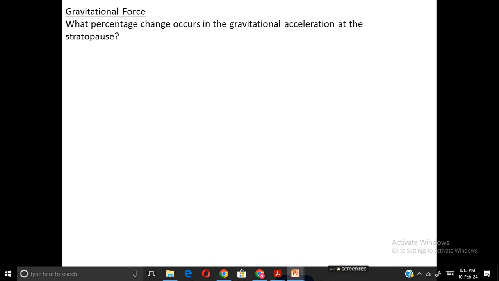Now let's move on. So we talked about pressure gradient force also, which is basically due to the change of pressure in the atmosphere. That force is there for the air parcel to move from high pressure to low pressure. If the pressure was the same everywhere, then the atmosphere would have been stable. There won't be any movement.